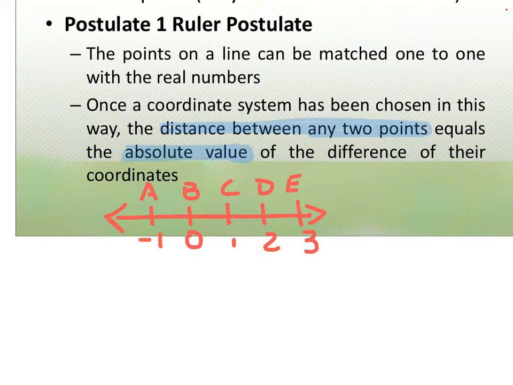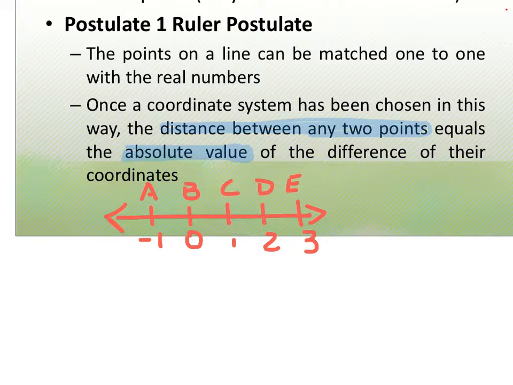Now, what that highlighted sentence in blue really means is, when I showed you the example above, I told you do the big number minus the little number to get the distance. However, if you find the absolute value of your answer, you can do little minus big.